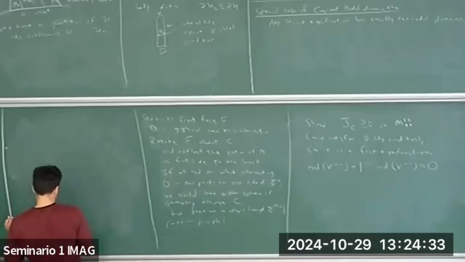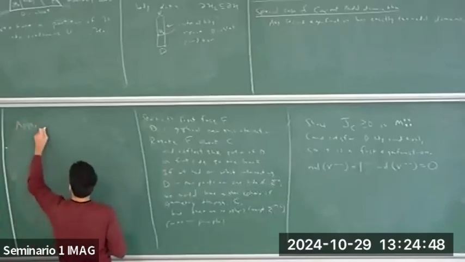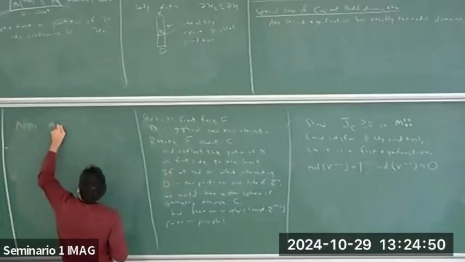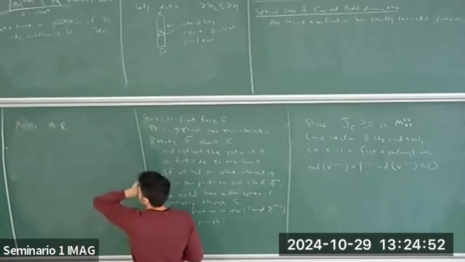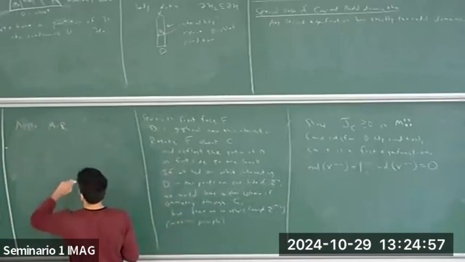Okay, so we'll apply these bounds of Montiel and Ros to the V++ problem.